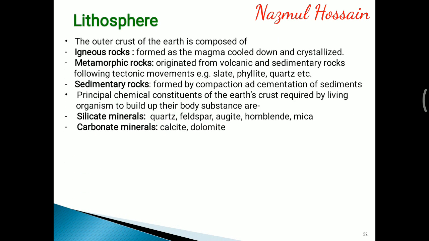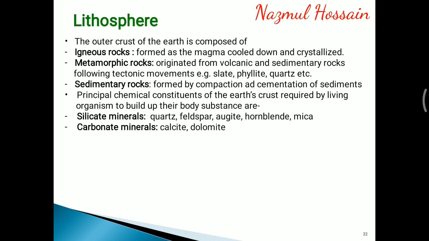Lithosphere. The outer crust of the earth is composed of igneous rock, metamorphic rock, sedimentary rock, silicate materials, and carbonate minerals. Igneous rock is formed as the magma cooled down and crystallized.